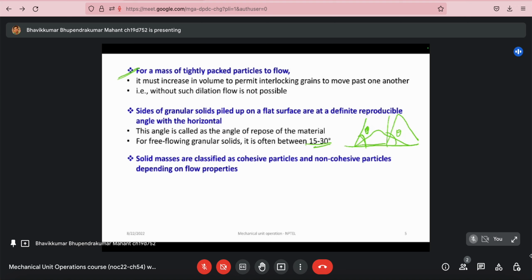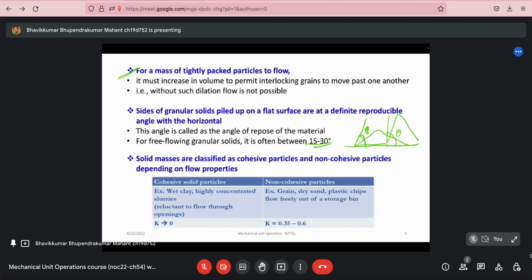If they are non-cohesive, then there are different flow properties. Now, some examples of cohesive solid particles are wet clay and highly concentrated slurries. Anything that is wet or not dry, you can consider as cohesive. Most of the time, wet particles are cohesive in nature.